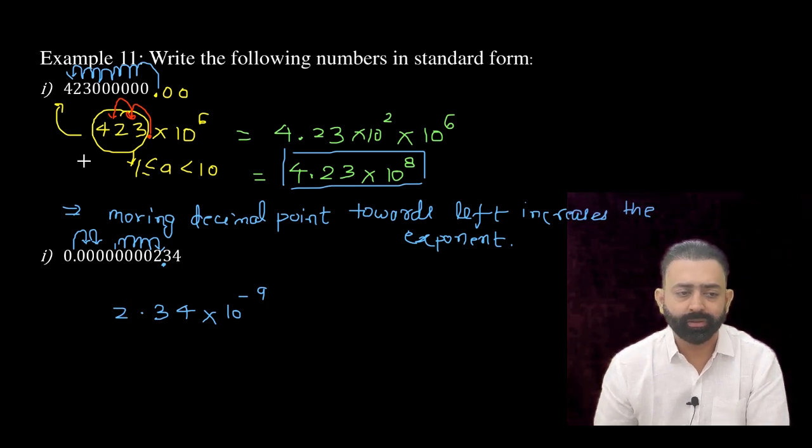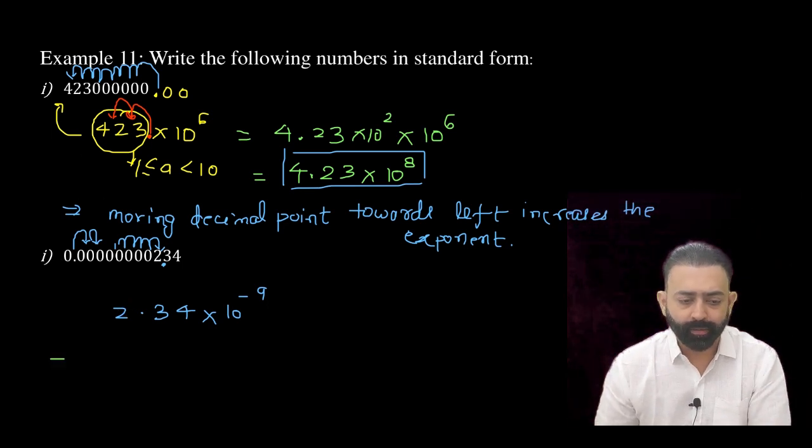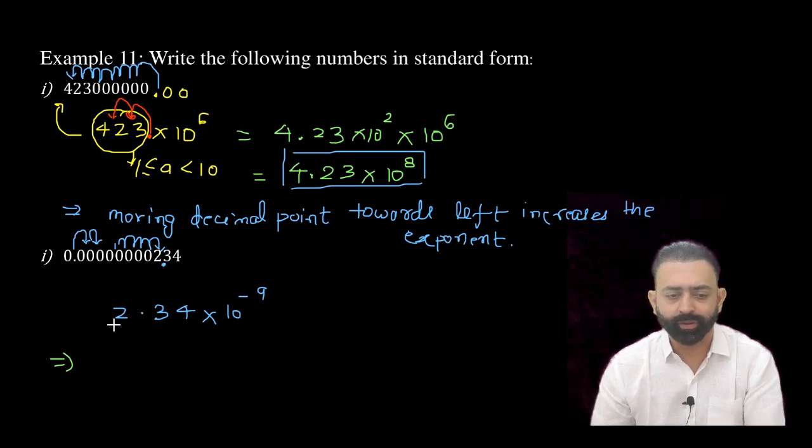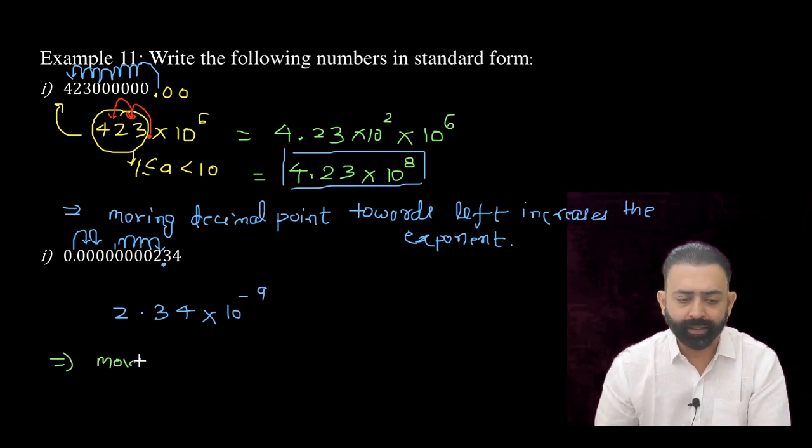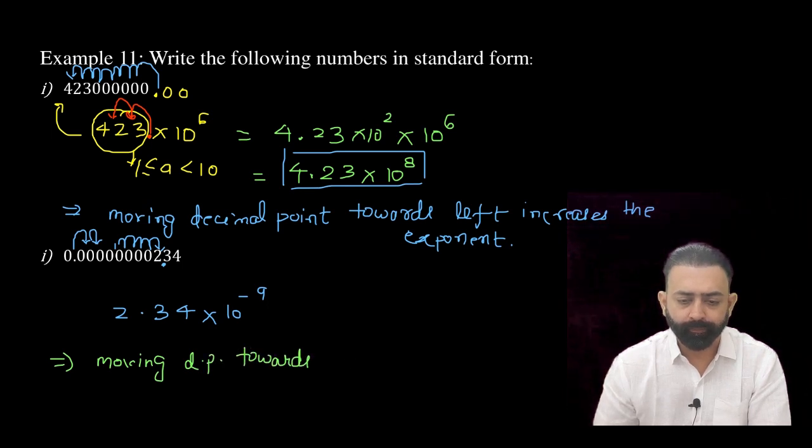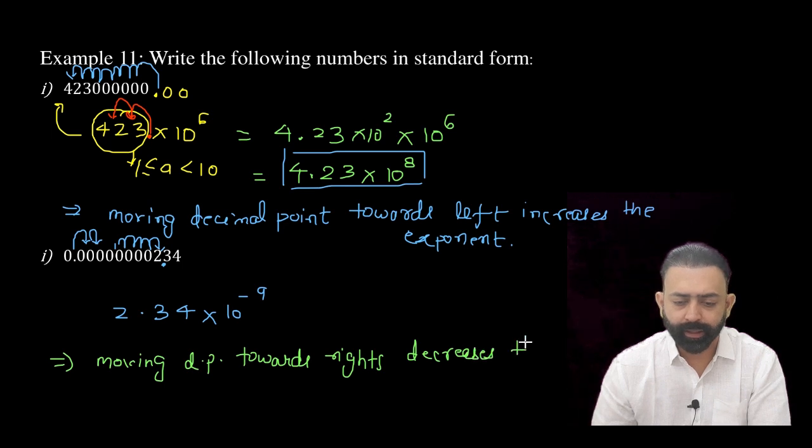So you can note down this again: moving decimal point towards right decreases the exponent by 1.